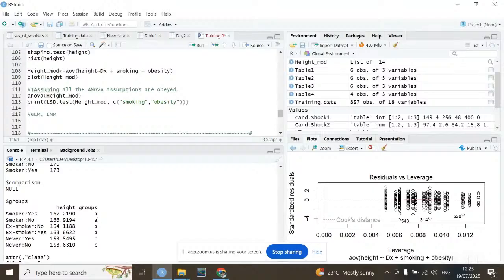Looking at the ex-smokers who are obese, their height is not different from the ex-smokers who are not obese. So the height is not very different. But when you look at the smokers, the height is significantly different from ex-smokers.